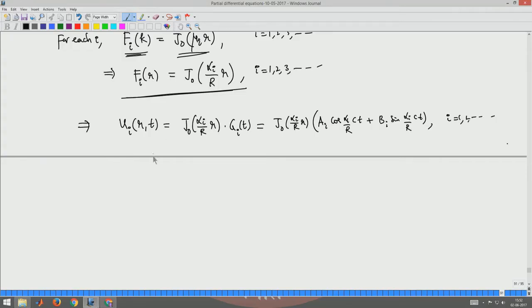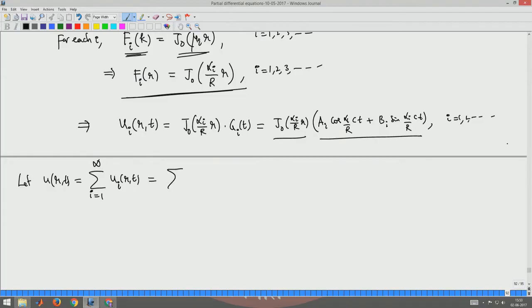So, for each I, u I of r t, that is the product of this solution and this solution, is satisfying this 2 dimensional wave equation and the boundary conditions. So far we have not used the initial conditions. Now, like earlier, you make a superposition of this. Let u of r t be the superposition of all this, I from 1 to infinity, u I of r t.